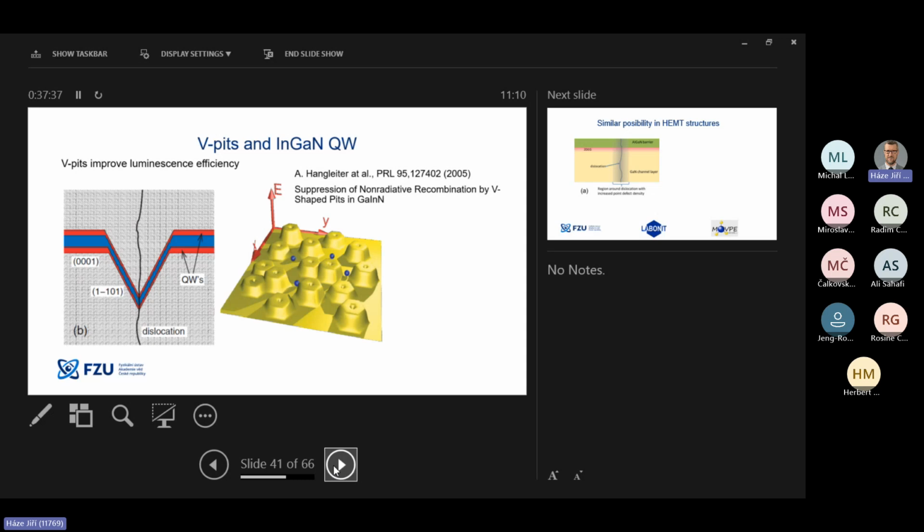You probably know that V-pits can help in quantum wells in their performance, so that the intensity of luminescence is increased.